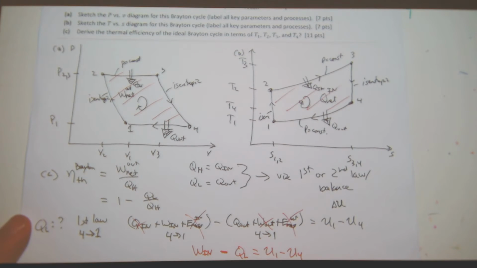So I can just bring that over here. So minus QL equals U1 minus U4 minus work in.